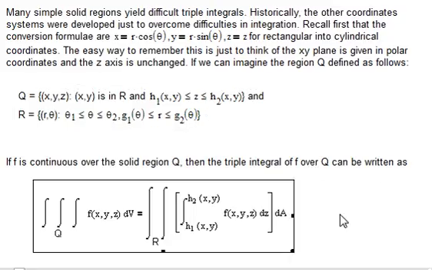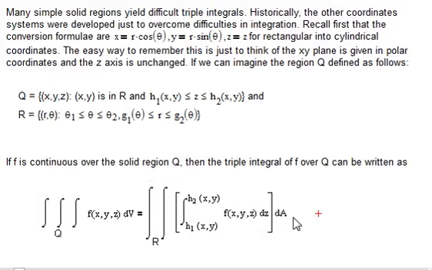Of course, you knew that already, where the dA is our area element, because see the dz is already here, so the volume element dv is split apart into dz and then the dA, the area element.